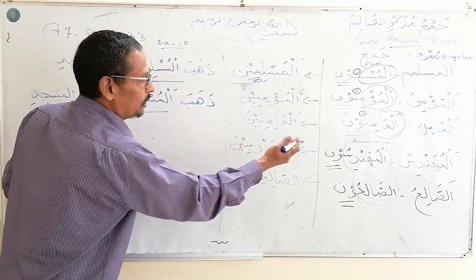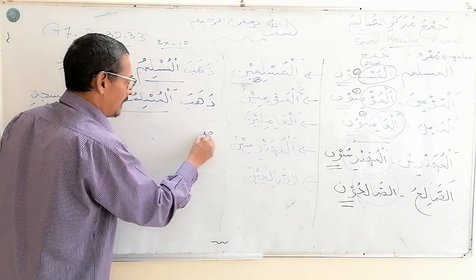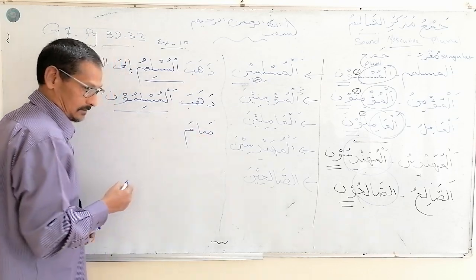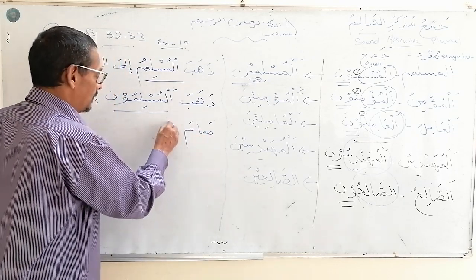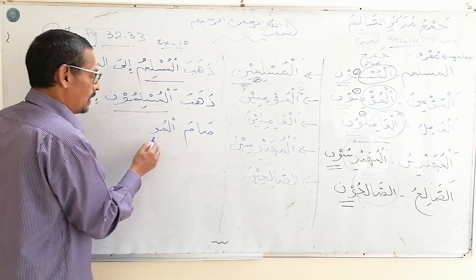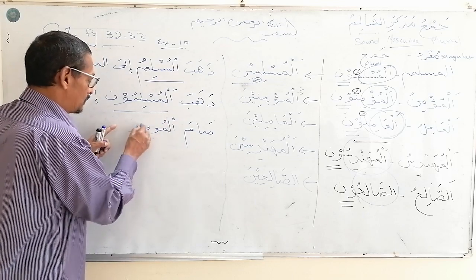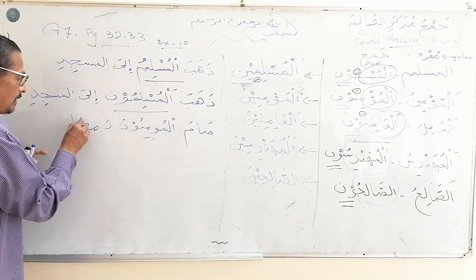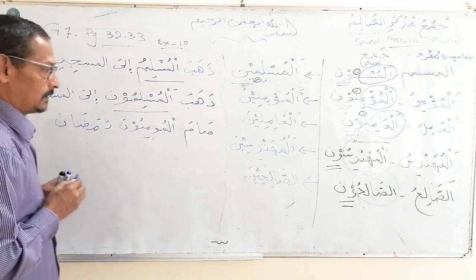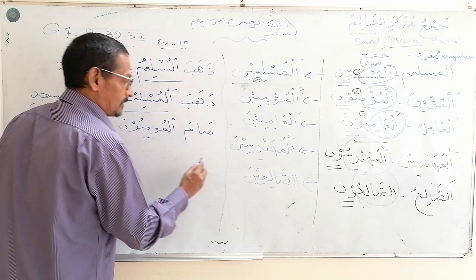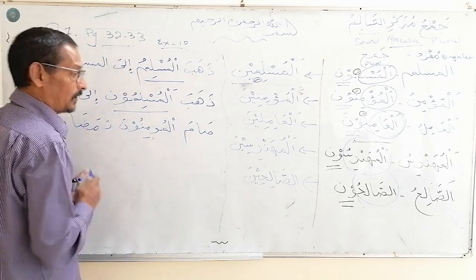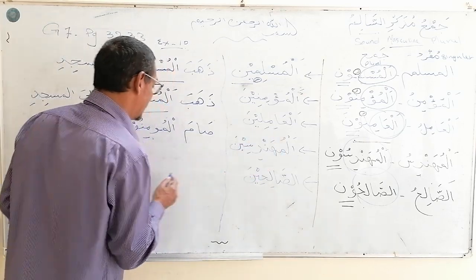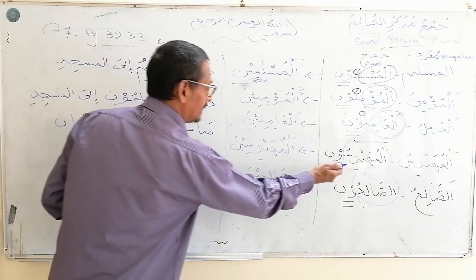Similarly, you will say for al-mu'min, صام, fasted, al-mu'minuna, when it is plural. صام al-mu'minuna Ramadan. The believers fasted the month of Ramadan. Similarly for muhandis, when it is plural, it becomes al-muhandisun.